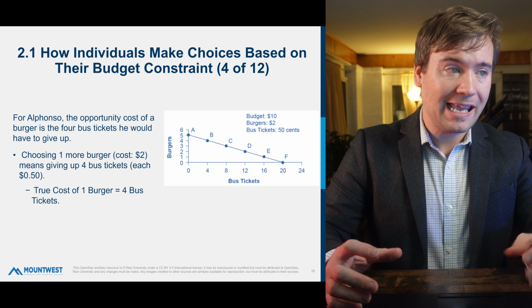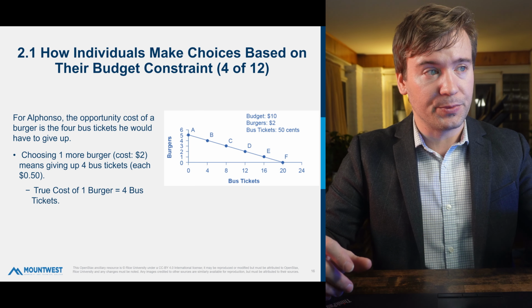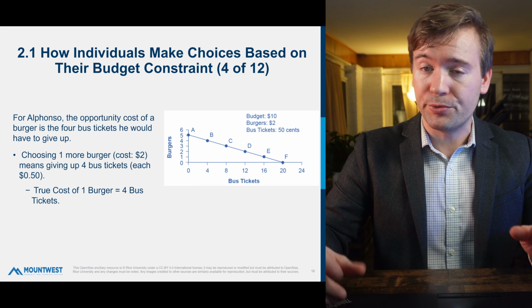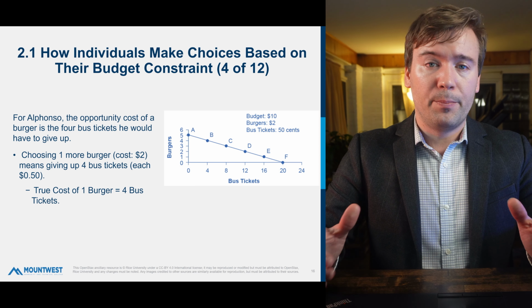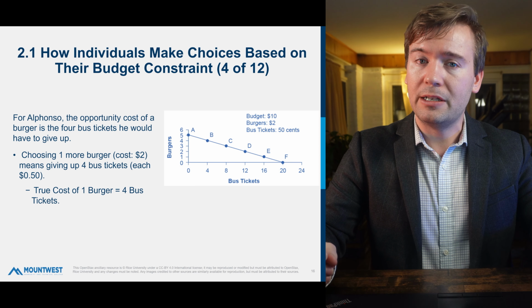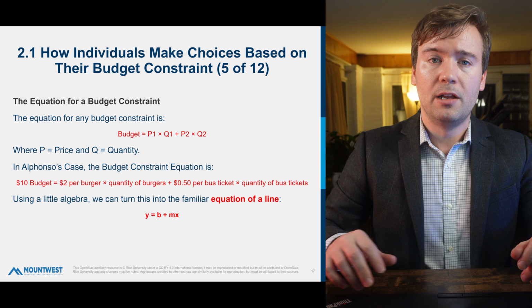We're not saying that we can't buy both burgers and bus tickets in some combination, which is B, C, D, and E on the graph shows some combination of us buying both. All right. The budget constraint here and the opportunity costs are illustrating that every choice has a trade-off. That's what we're really getting to.